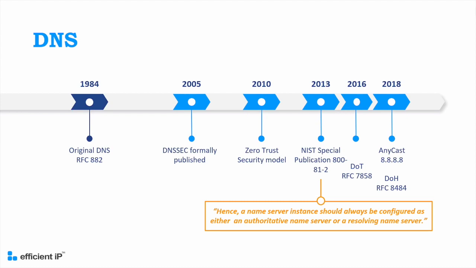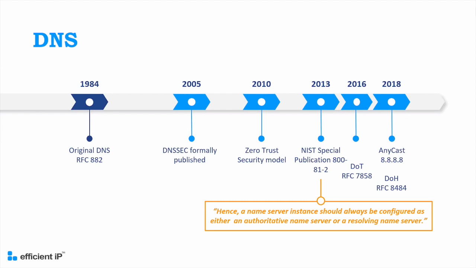DNS kind of got missed in this, so we'll point that out. The big one for me especially is in 2013, the NIST published document 800-81-2, which is secure DNS. And they introduced a model of how to implement DNS, which I am still surprised I don't see more of, which we're going to get into detail on.